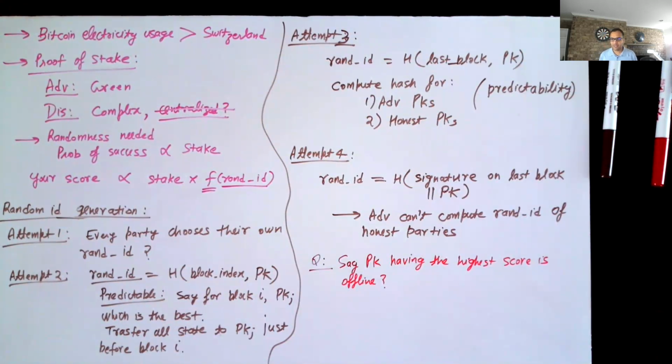Then they wait for another 10 minutes. Then they move on to the next best public key. This will take a while, right? This completely sort of kills the predictability of the mining process. Maybe some block will be mined in 10 minutes, another block might take 30 minutes, 1 hour, and things like that. So we don't want to do that.